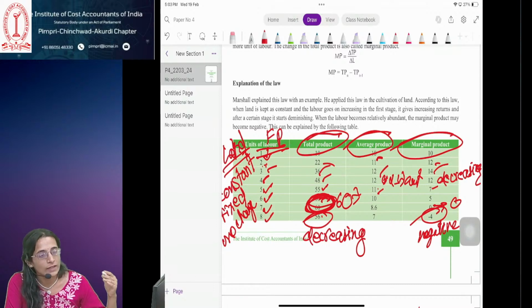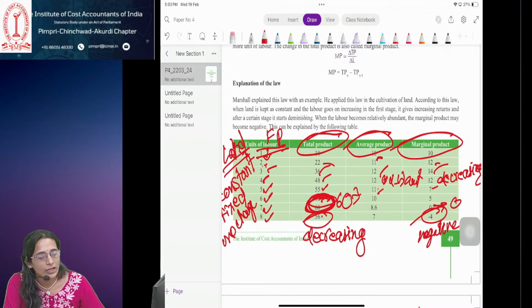Why are we learning this law of production? Yes, you told me, right? To determine the level of output or the quantity to be produced so that the firm, at that output, maximizes profit. So the law of variable proportion analyzes the short run.